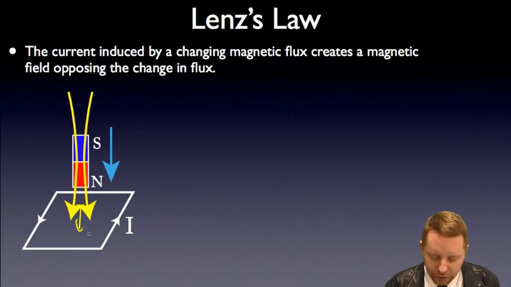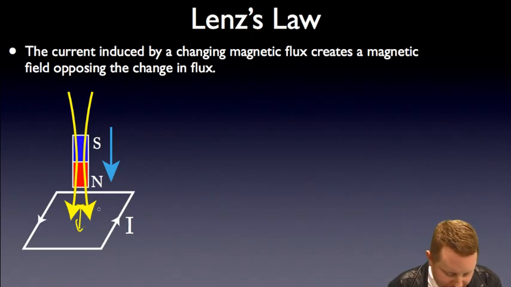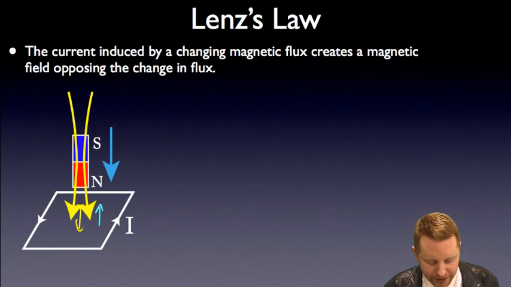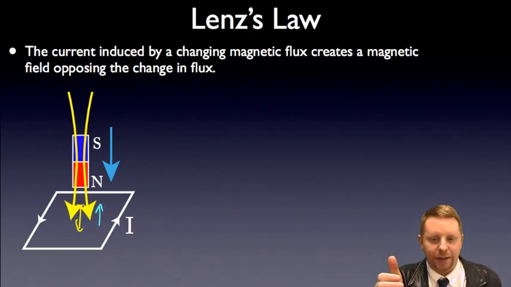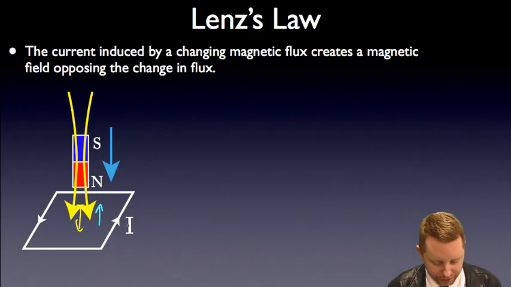The induced current wants to oppose that. So if I draw that in the opposite direction, the induced current wants to create a magnetic field, magnetic flux, opposing that change, so upwards. And if I follow the right-hand rule and point my thumb upward in that direction, I'm going to get a counterclockwise current there, which is why you see that the current flow is shown as going counterclockwise in that loop.